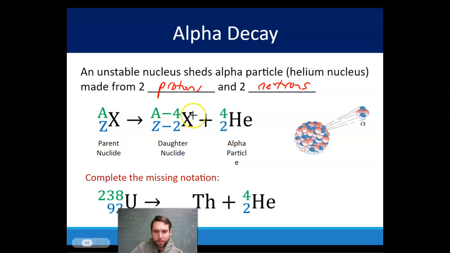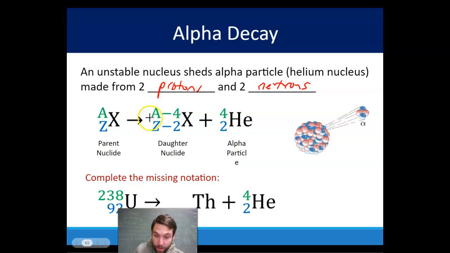Okay? So we start with our parent nuclide. Radiation happens, and we get a daughter nuclide, which is the nucleus that is created, and then the stuff that is spit out. In this case, the alpha particle, the helium nucleus. Helium, remember, is 2 protons and 2 neutrons. 2 protons down in the bottom number, 2 plus 2 equals 4 up in the top.